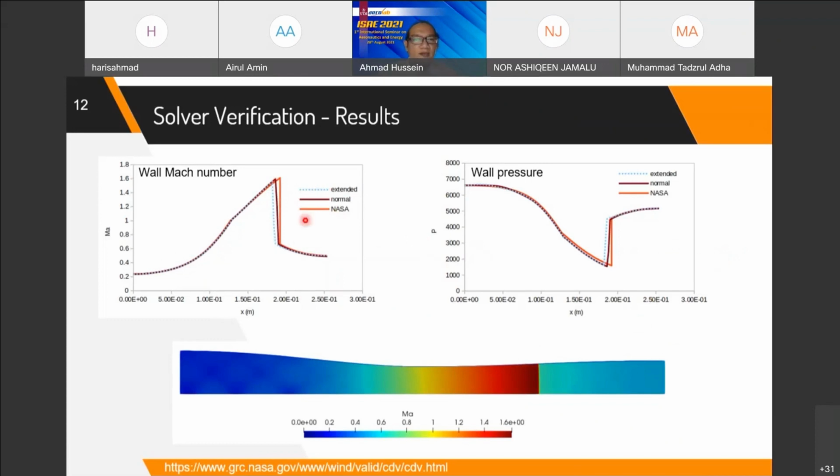We found that due to the extension, it likely under-predicts the location of the normal shock wave. So we don't use this in our study, and we just proceed with the normal condition as stated on the NASA webpage.